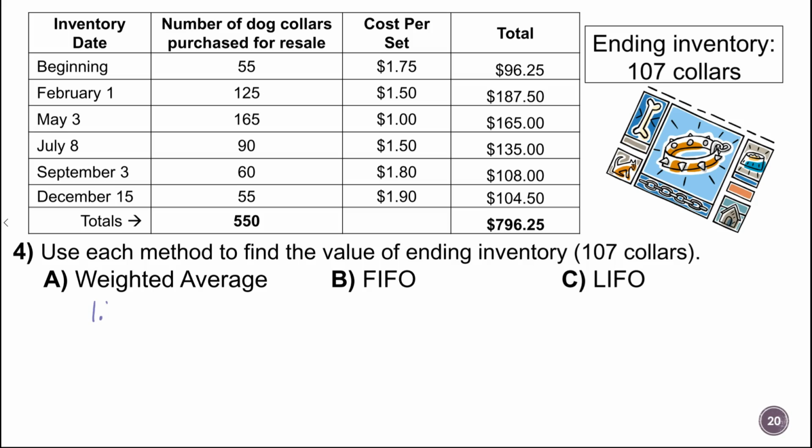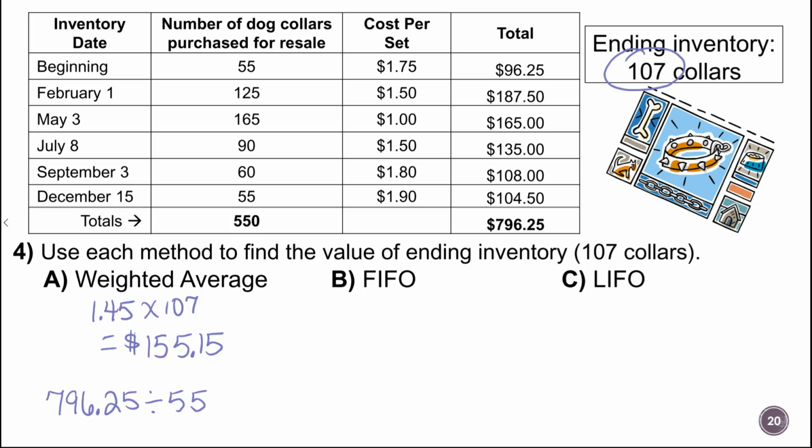Right? 1.45, and that's times my ending inventory. So that would be $155.15. Now remember, I got that number, the 1.45, from dividing the total amount by the total number of collars. All right.